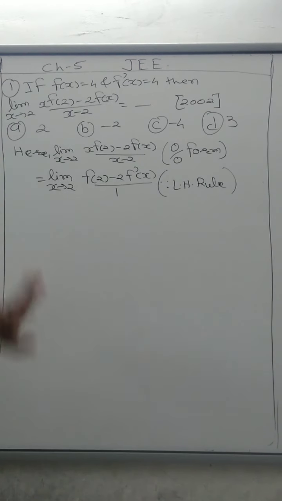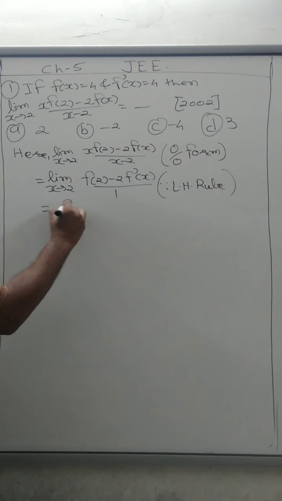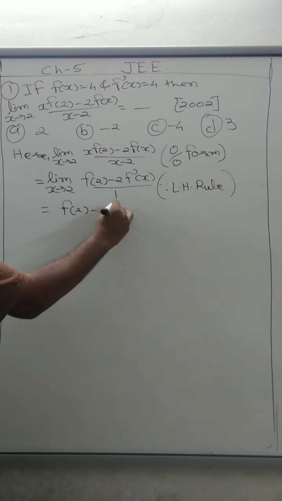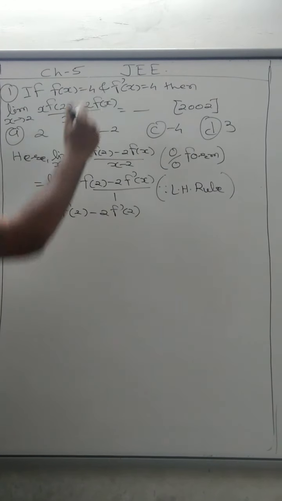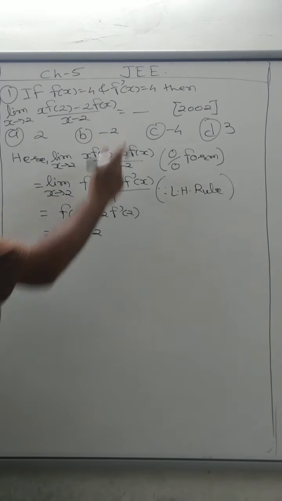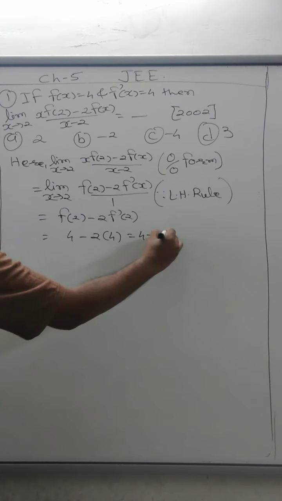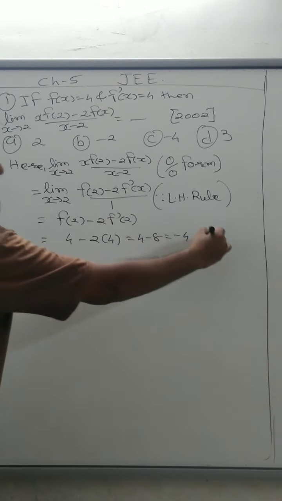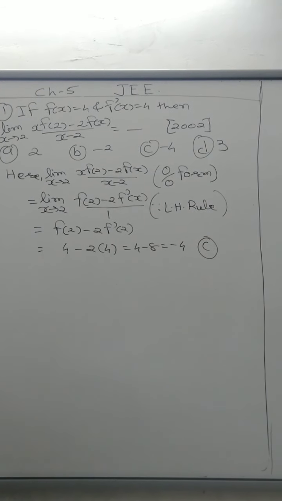Now when you place the limit, you get f(2) minus 2 into f'(2). Here f(2) is 4 minus 2 into f'(2), which is also 4. So you get 4 minus 8, which is minus 4. So our answer is C. This way we can easily find the answer.